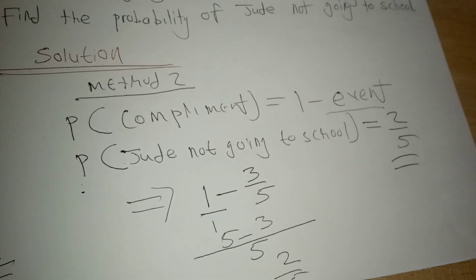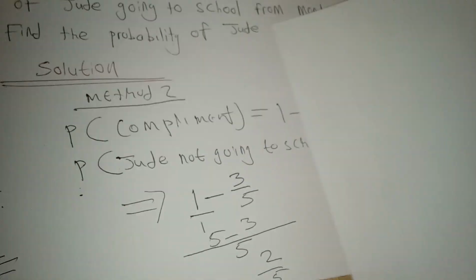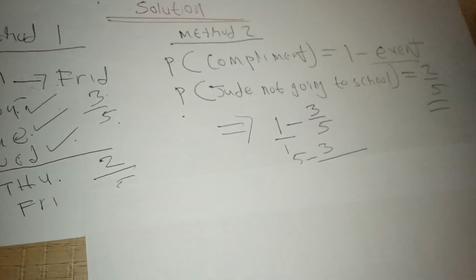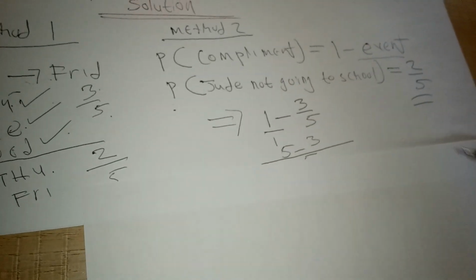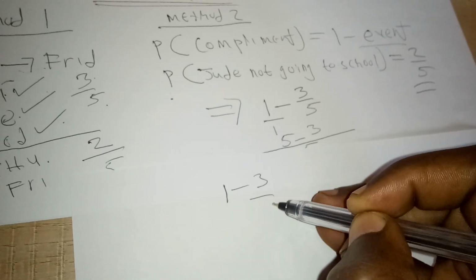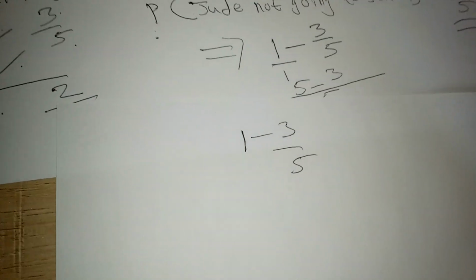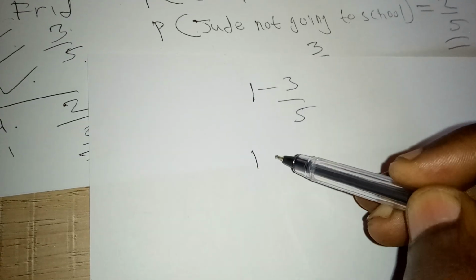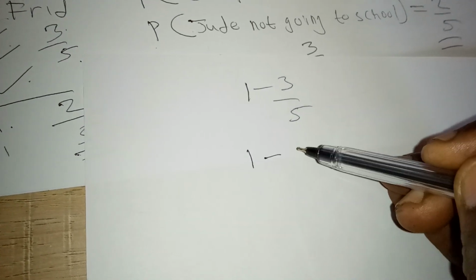Now, there are others who like to calculate using decimal numbers. When we have 1 minus 3/5, we can also calculate using decimals.